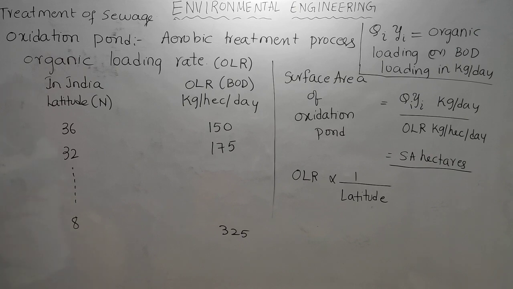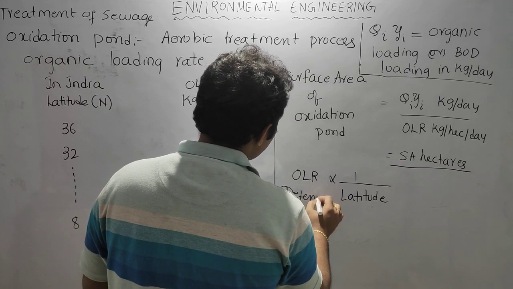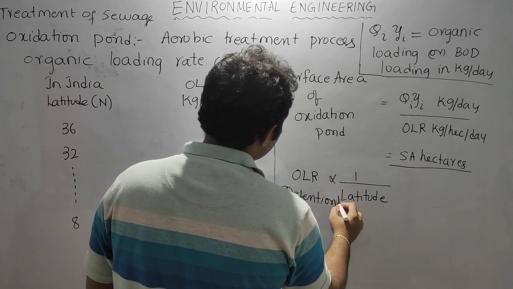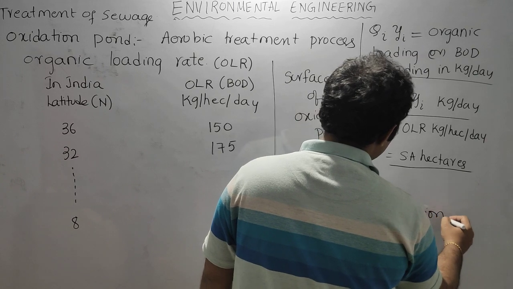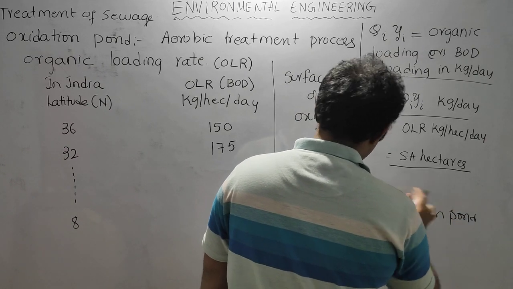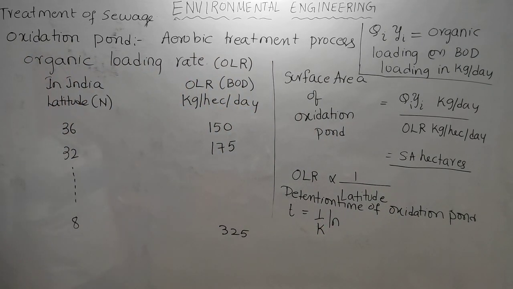If you want to find the detention time for a particular organic matter, there is an empirical formula by which we can find the detention time of the oxidation pond. T is equal to 1 by K ln Yi by Ye.